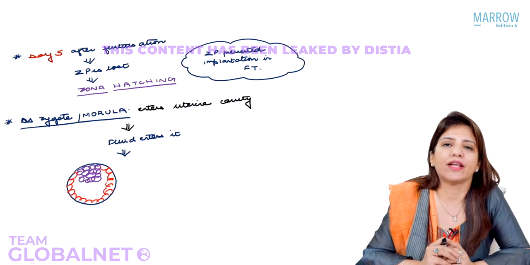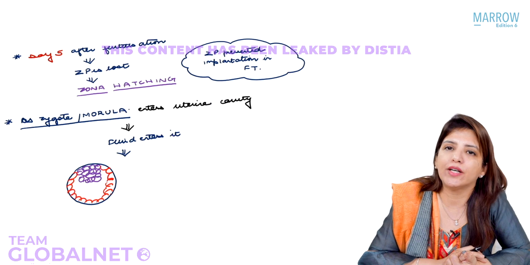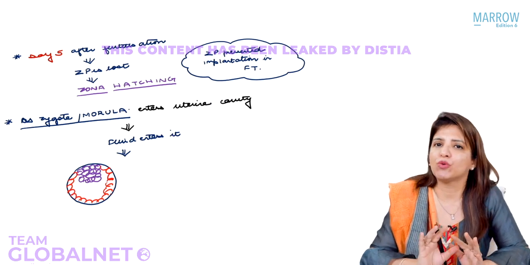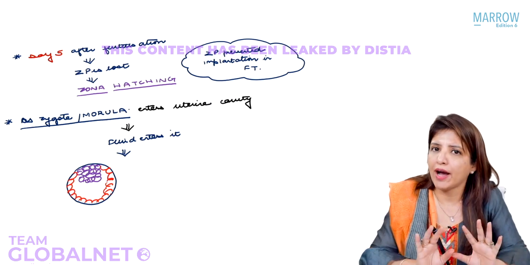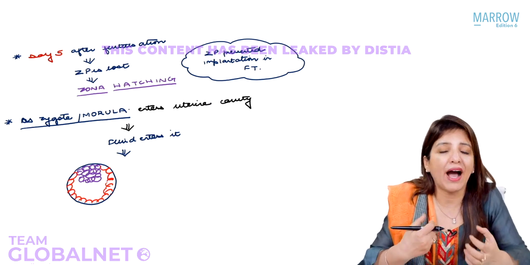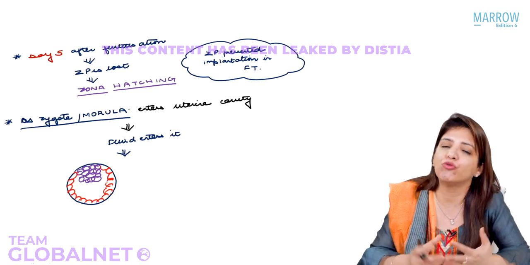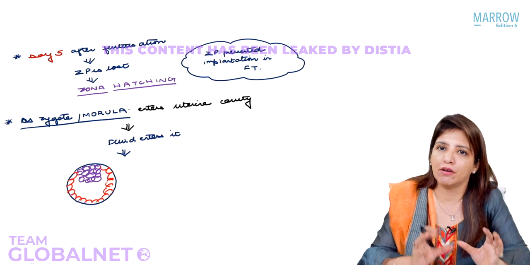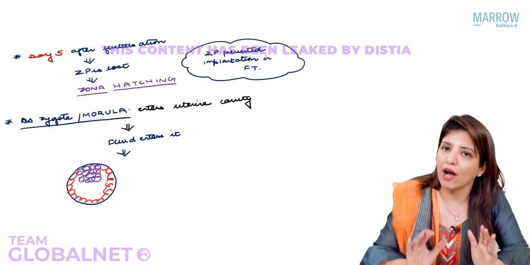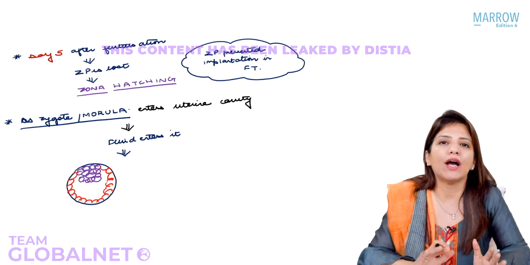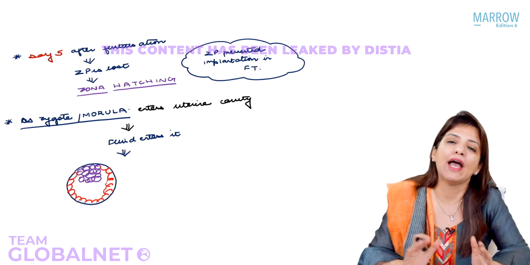Now what happens is that this morula enters into the uterine cavity, and on day 5, now the function of zona pellucida is over. Right now, zona pellucida knows that now I have to hatch out. I have to be removed. Unless and until zona pellucida is removed, till that time, this morula will not be able to implant. So now on day 5, the zona is shed off, and shedding off of zona is called as zona hatching.